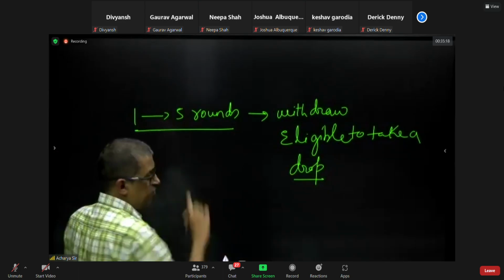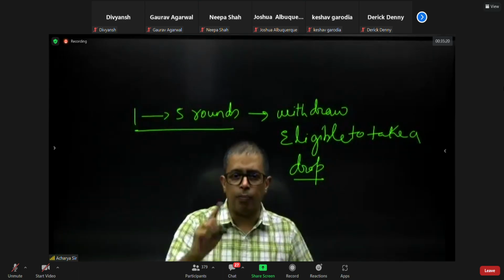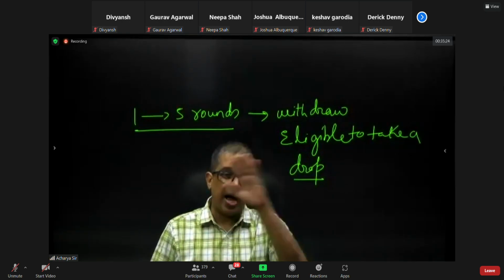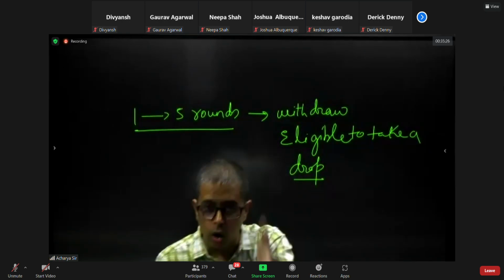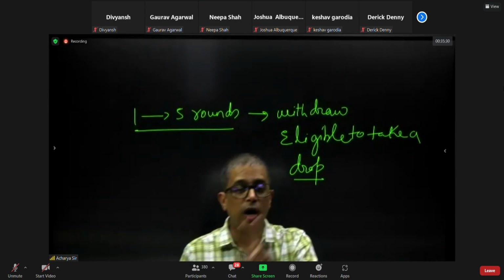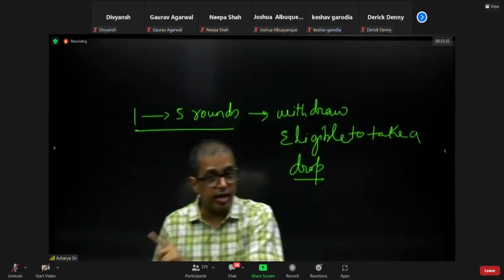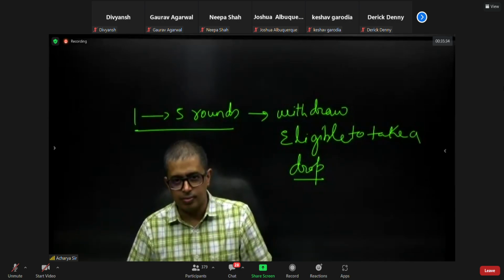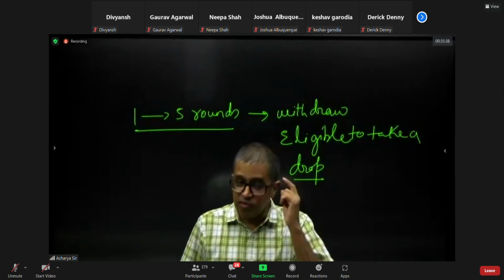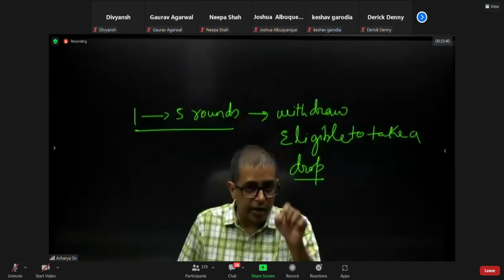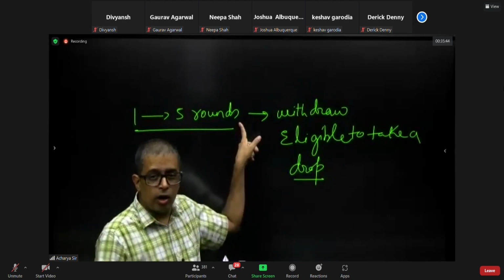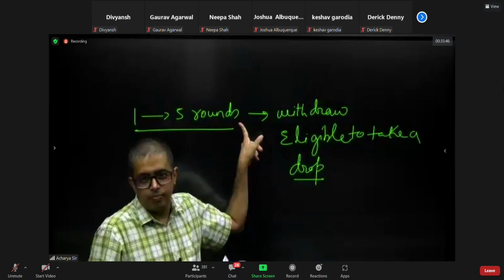But if you do not withdraw properly from the JoSAA counseling, or you accept the seat and go in for the admission, reporting at the center, you are no more eligible to take a drop next year as far as IITs are concerned. So if any one of you has a drop in mind, you are giving a trial, please try your luck till the 5th round.